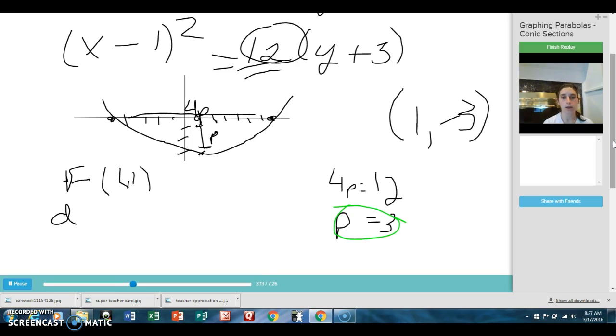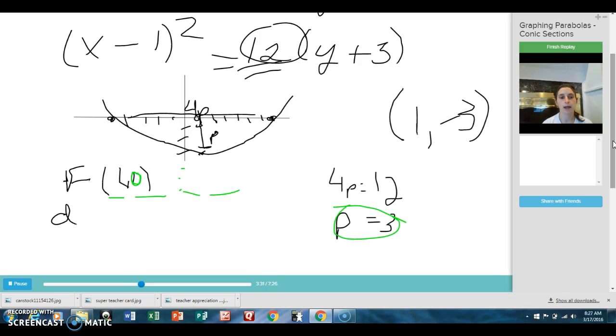So instead of going up 3, we are going to go, oh, I made a mistake. That focus should be at 1, 0. I went too many. We need to go down 3. So from here, 1, 2, 3 down.